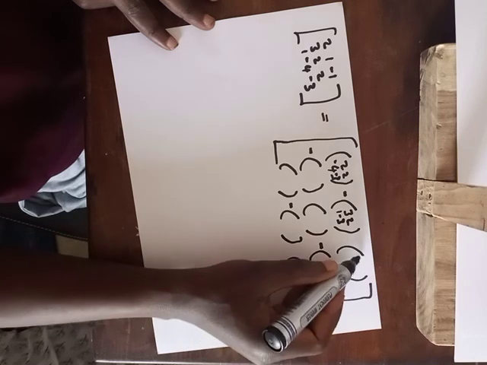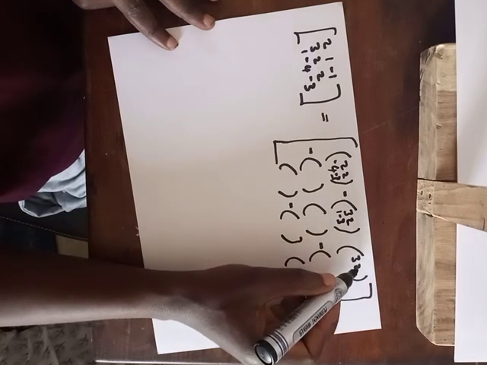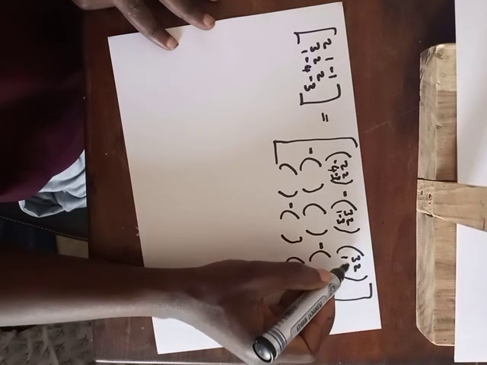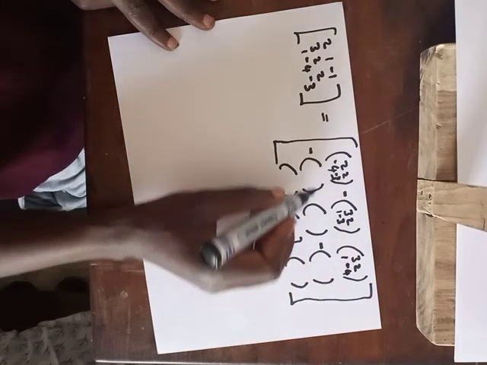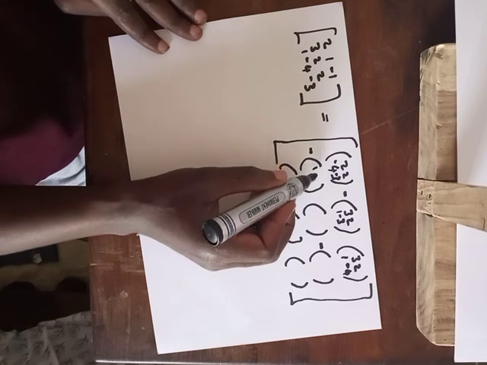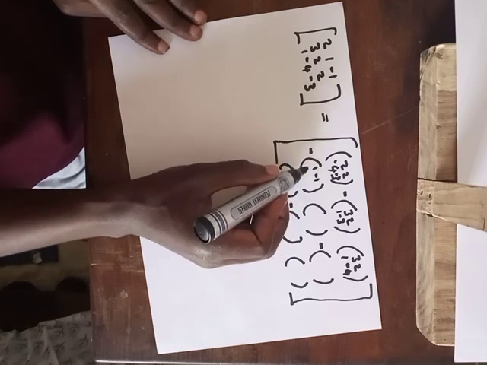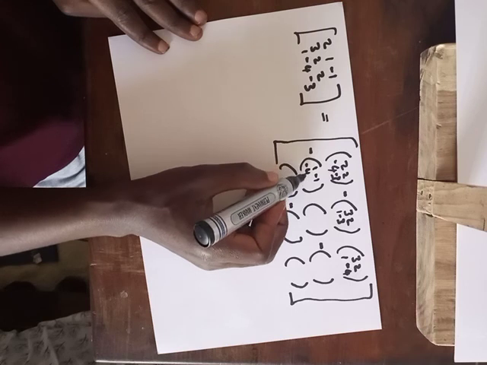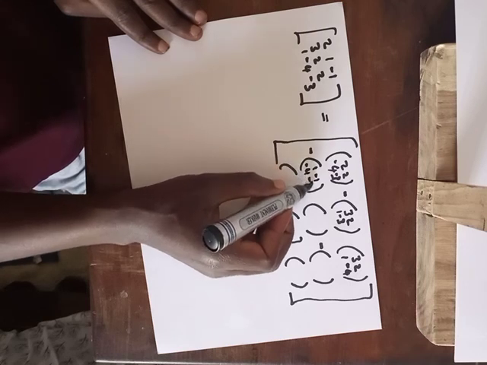So here you are going to pick a 3, 2, 1, negative 4. Okay, and then here you are going to pick a 1, negative 1, and you are going to pick a negative 4, and you are going to pick negative 3.